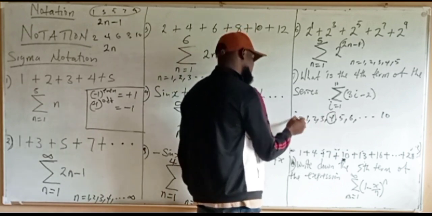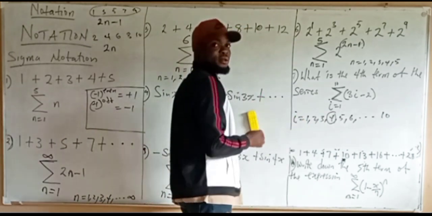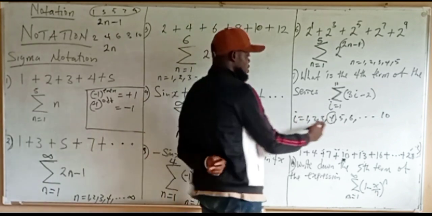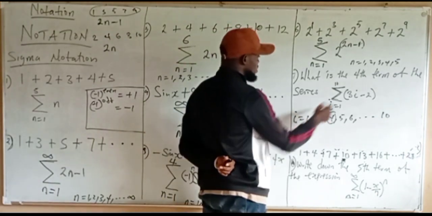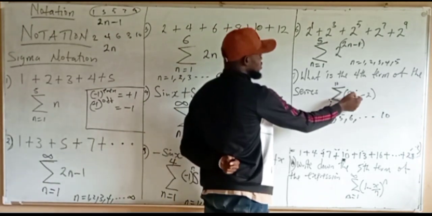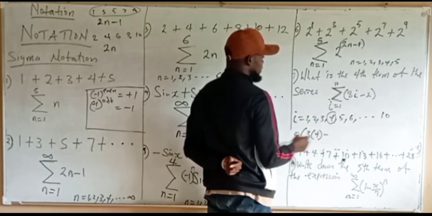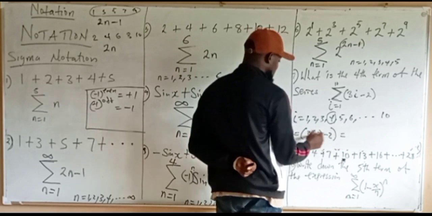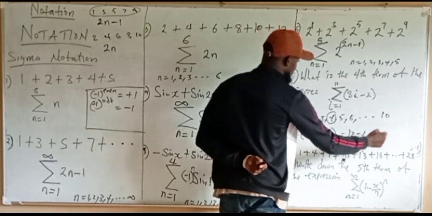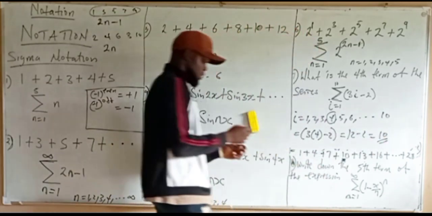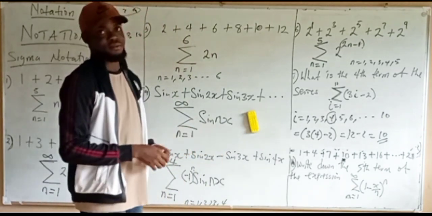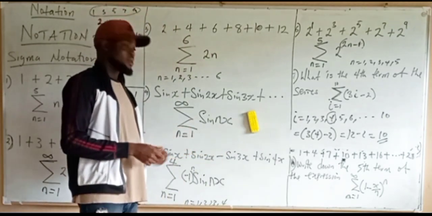Number 4 in this index gives us the 10. So we have 4 for the number 4. So anywhere you see this i here, you put 4. We're going to have 3(4) minus 2. So we're going to have 3 times 4, 12 minus 2. That's 10, the answer. Simple as that.